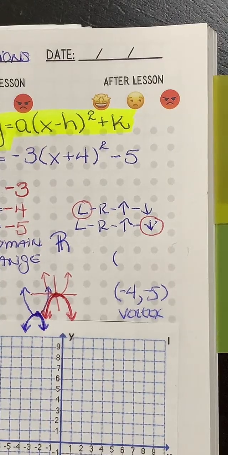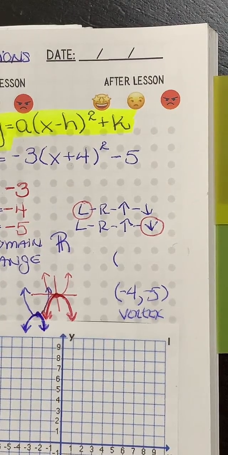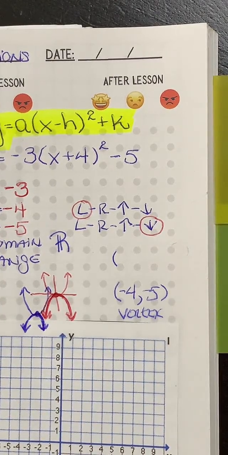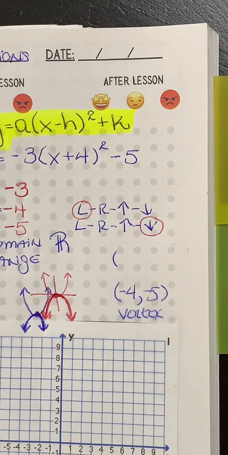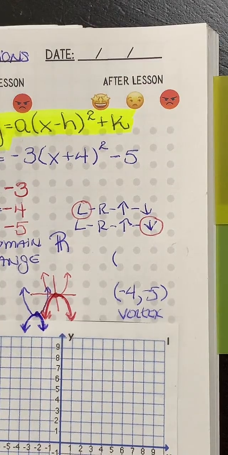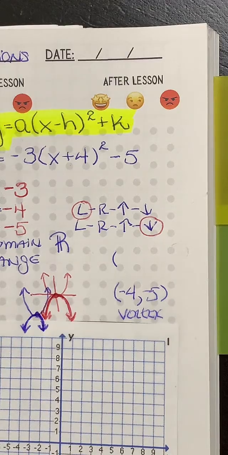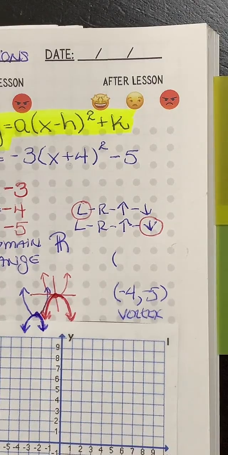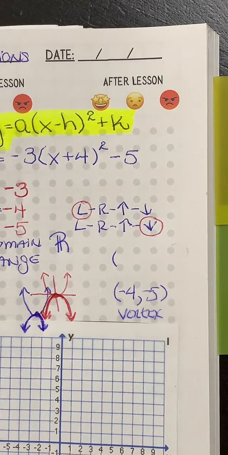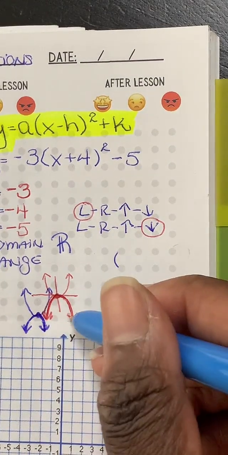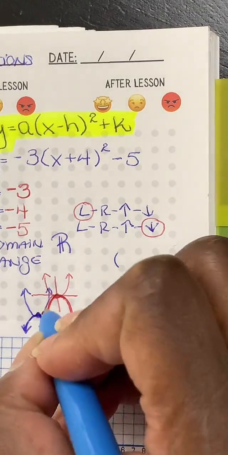Okay. What would be my range? So we have y is greater than or equal to -5. Close, Lisa. There's just something that you have to change, because remember, my graph is going to be going downwards.